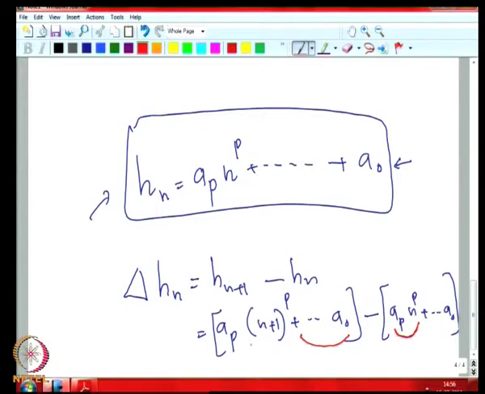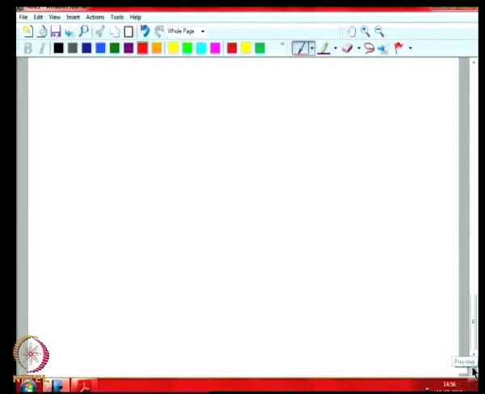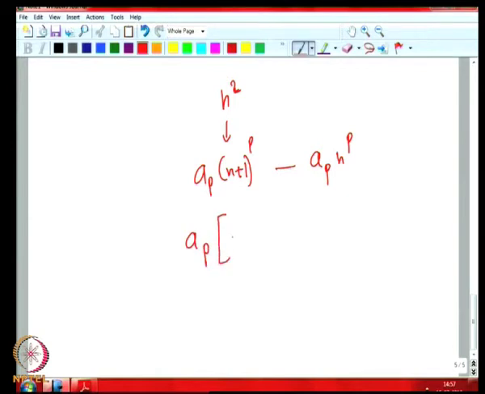So, the coefficient of n raised to p in the resulting polynomial will come from these two terms, ap into n plus 1 raised to p and minus ap into n raised to p. If you expand with the binomial theorem, this will be n raised to p plus p choose 1 into n raised to p minus 1 and so on.